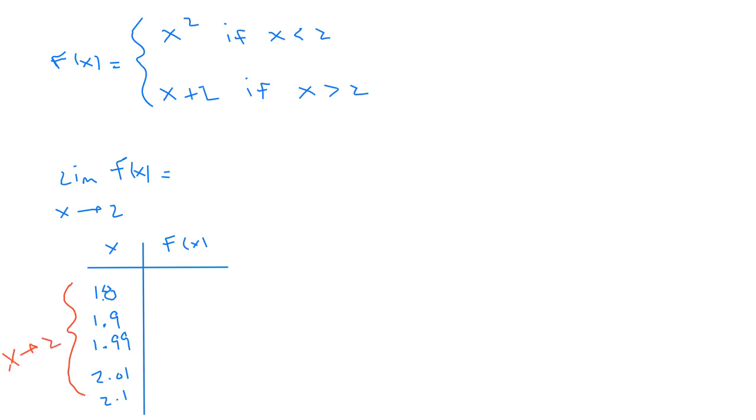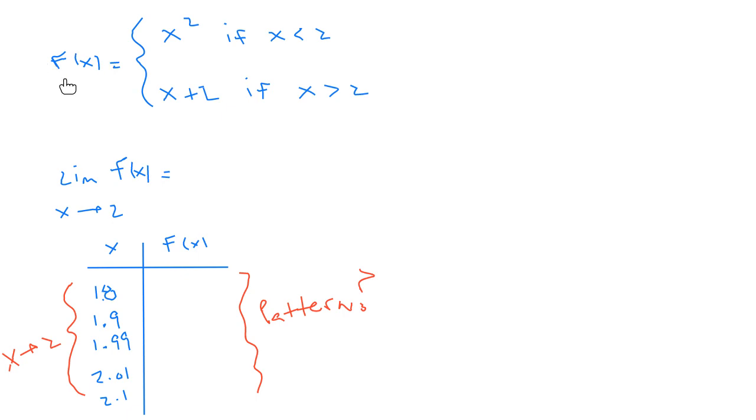Yep. All right, so next thing, I need to put those values of x in for y and see if there's any pattern. Okay. All right. So 1.8. Let's start with that one. How do you put 1.8 into this function?